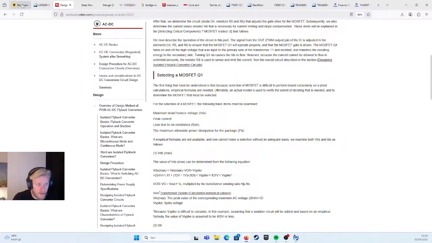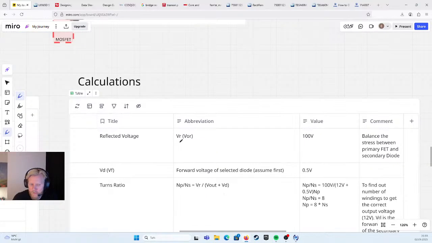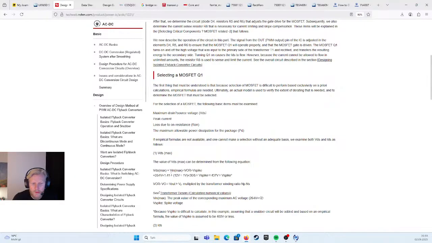No, wait. It's the expected voltage output, or the selected voltage output, plus the forward voltage of the diode, times 30 divided by 6, plus voltage spike. 30 divided by 6. Okay.